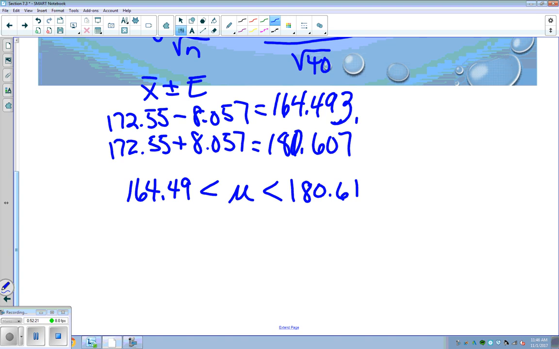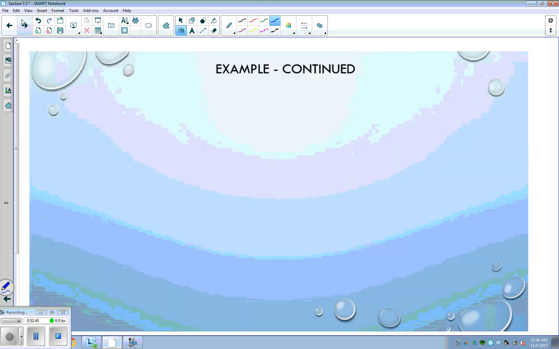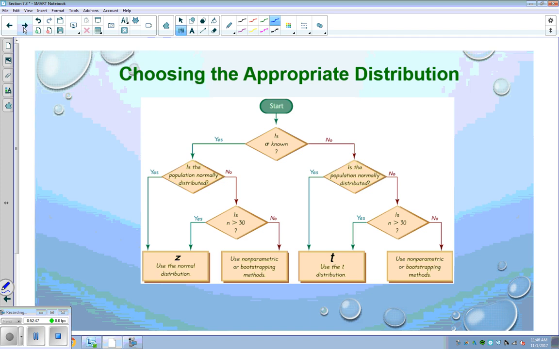If I were designing for safety, would I want to use a mean weight on the low end, or would I overcompensate? I would overcompensate and at least go to the upper end. Definitely.